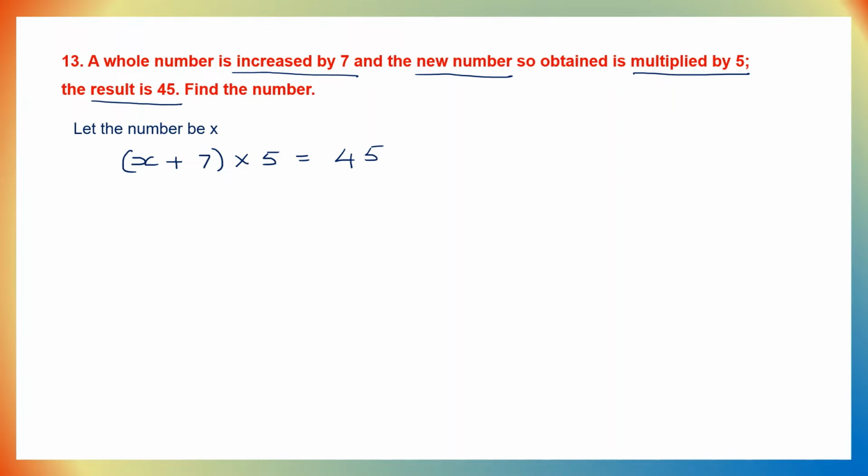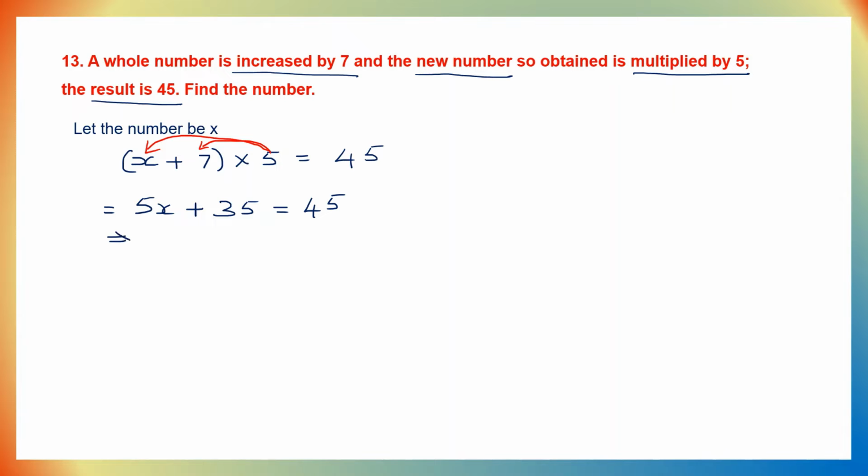So let's solve this. So when we multiply numbers like this in brackets with the number outside, multiply that by each number inside the bracket. So 5 into x will become 5x plus, now multiply 5 into 7. So 5 sevens are 35. 5x plus 35 equals 45.